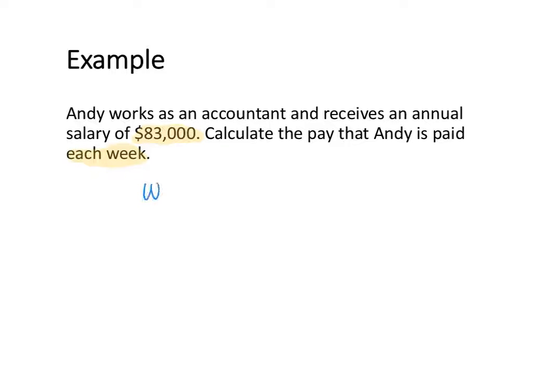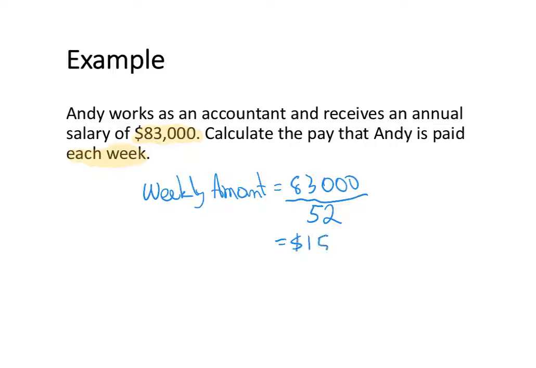So the weekly amount is going to equal 83,000 divided by 52, because there's 52 weeks in a year. And that is going to equal $1,596.15. So Andy is going to get paid from his job as an accountant $1,596.15 if he's earning $83,000 salary per year.